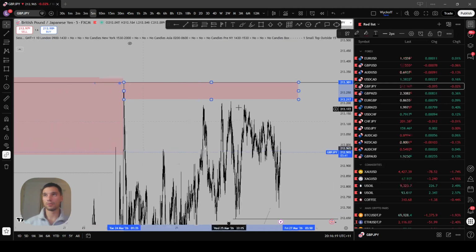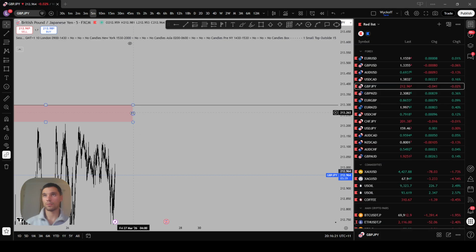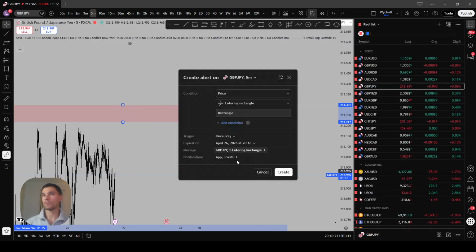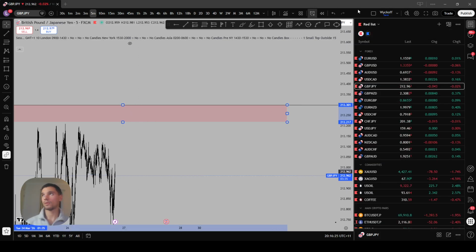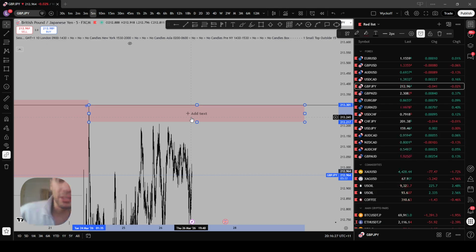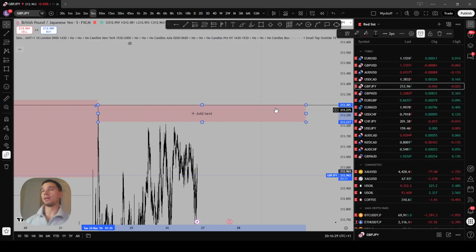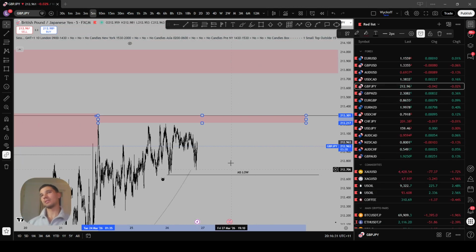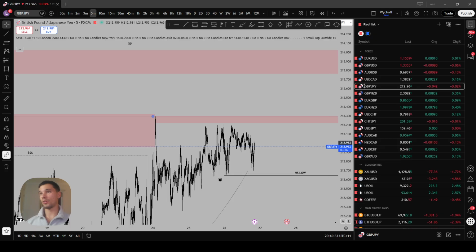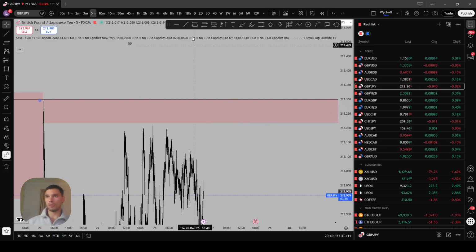Front range. If we can come up and mitigate this 5-minute OBIF, even better. There is a nice return to zone, don't get me wrong.